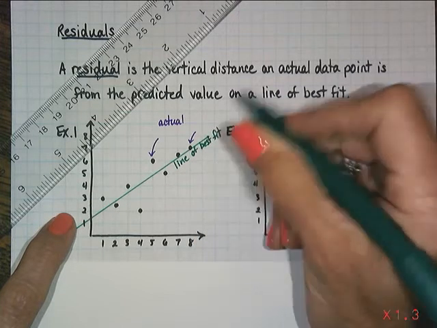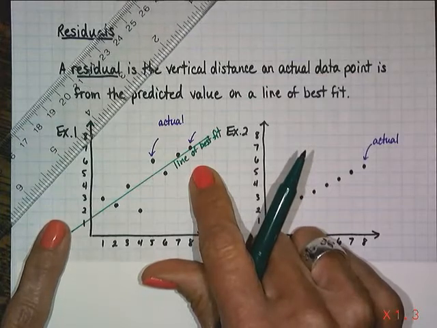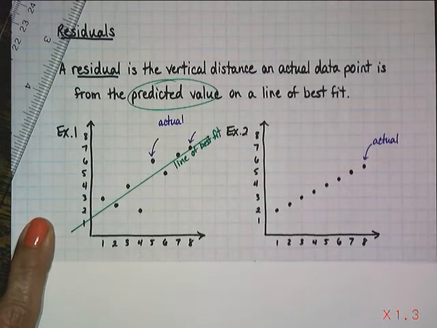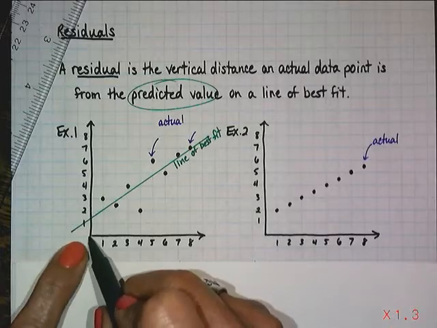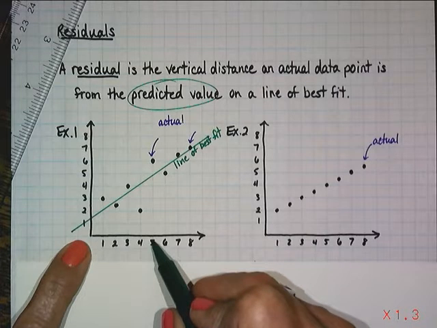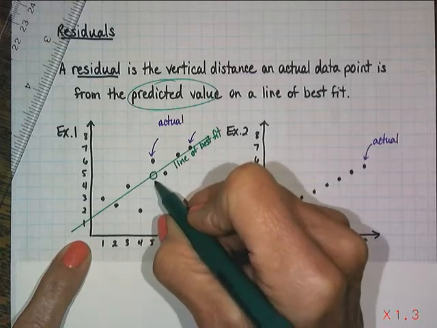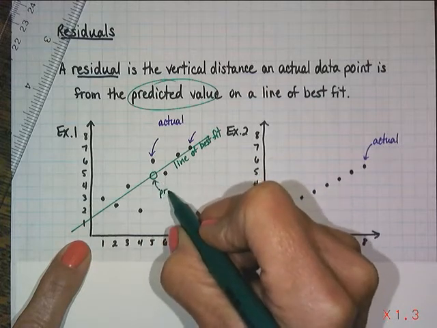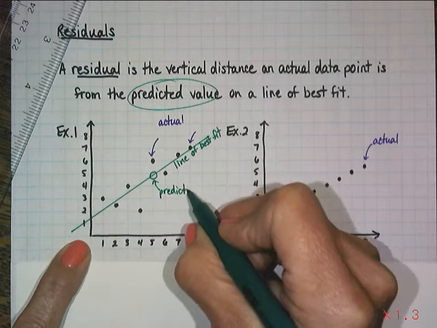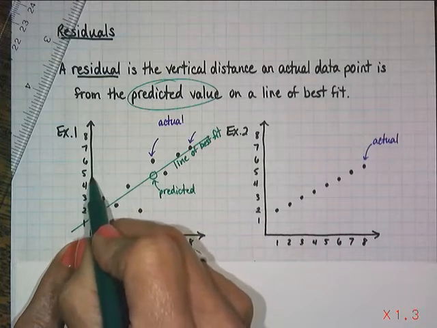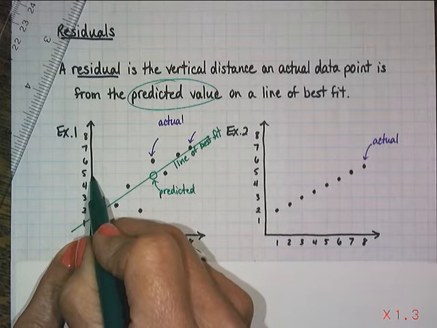What this line does is helps me predict values. So when I make reference to predicted values, this is what we mean. Let's look at when x is 5. When x is 5, the predicted value is 4.8-ish, maybe 4.9.